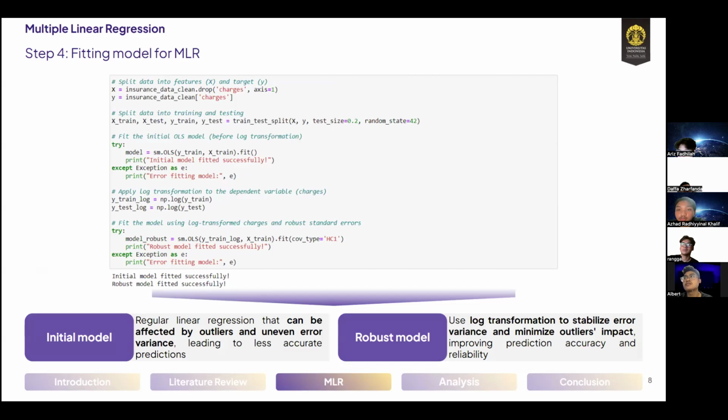The initial model can be affected by outliers and uneven error variance that could lead to less accurate predictions, while the robust model uses log transformation to stabilize error variance and minimize outliers' impact, improving prediction accuracy and reliability.